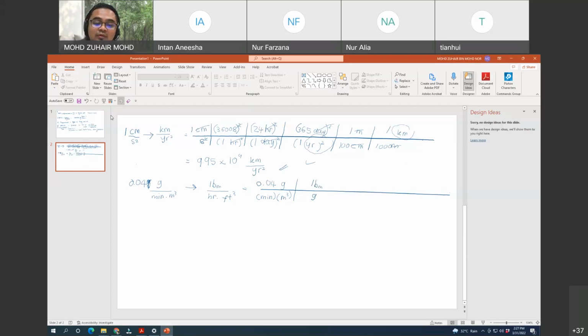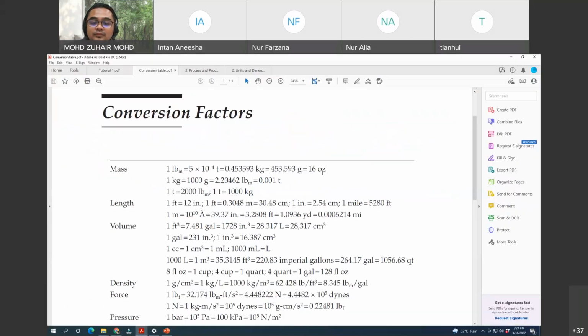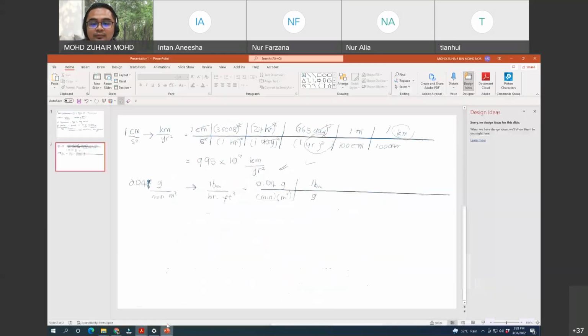If you refer to the conversion here, we can take either 1 gram or 1 pound equals to how many grams. Because it's already like this, I'm just going to take 1 pound equals to 454.